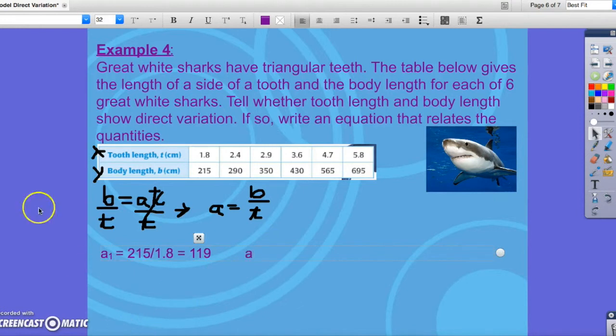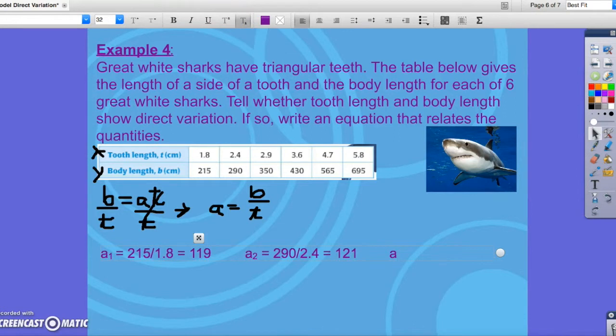So a sub 2 equals 290 divided by 2.4, which equals about 121. Remember, it's approximate, and then A3.